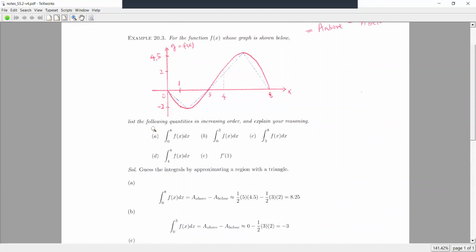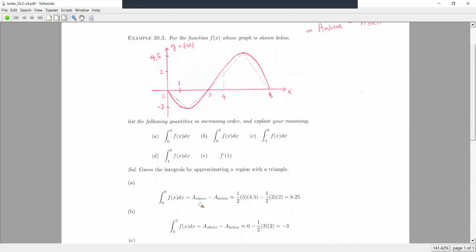First, take a look at this integral. This integral is the net area of the region between the graph of the function and the x-axis and between 0 and 8. By the formula, this integral is the area above the x-axis minus the area below the x-axis.